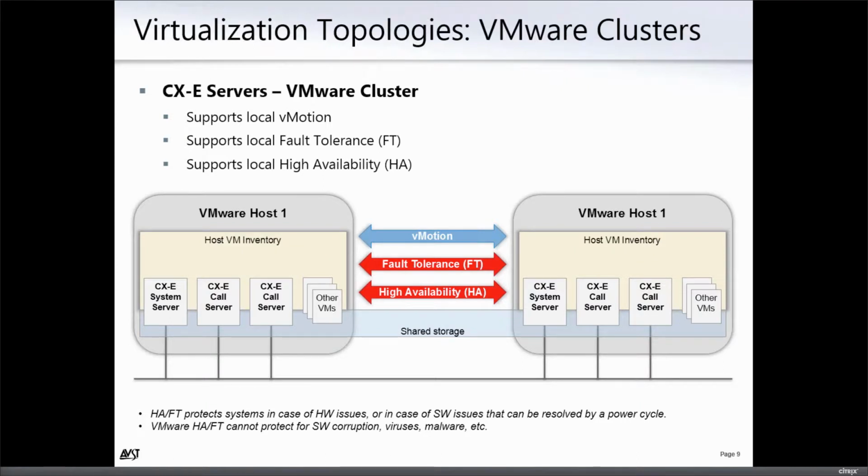And then the highest level, of course, is fault tolerance, which is a combination of a number of pieces on VMware. Fault tolerance does something fairly similar to what Neverfail does. There are some slight differences we're going to look at here. But if you think of, with fault tolerance, you're going to take that system server and you're going to have a copy of that system server running on the other host, but it's actually going to be updated real time. So unlike high availability, which has to start up, that system server is running.